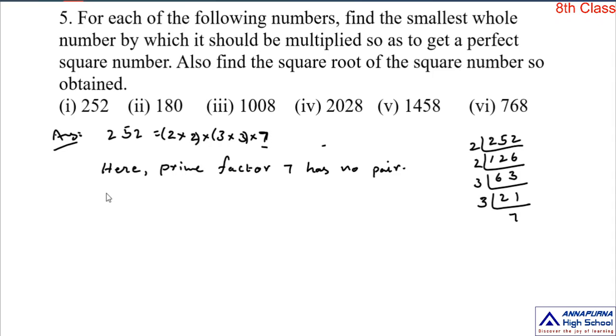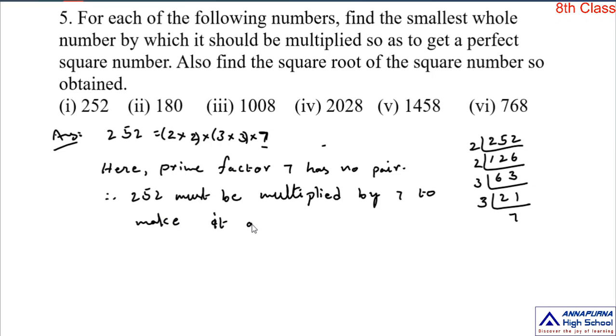So that means therefore 252 must be multiplied by 7 to make it a perfect square number.